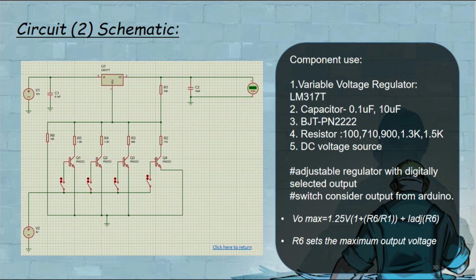And number 5, of course, DC voltage source. So this circuit equation is V out maximum equals 1.25 volt times (1 plus R6 over R1) plus the current adjust multiplied by R6. So R6 is set to the maximum output voltage that can be delivered.